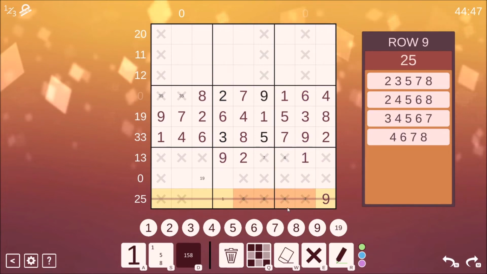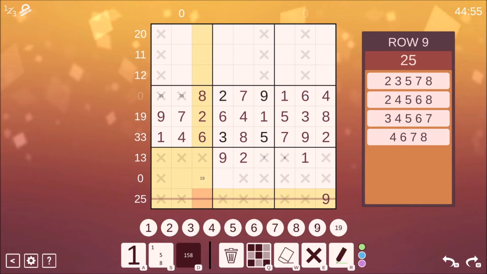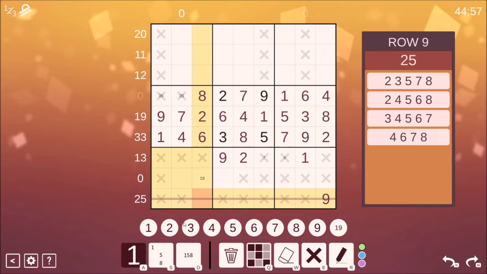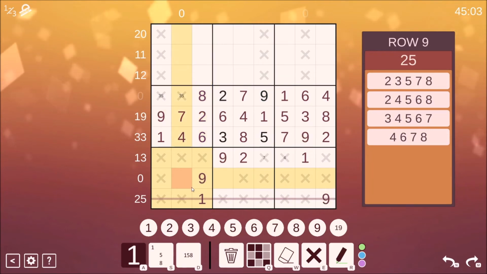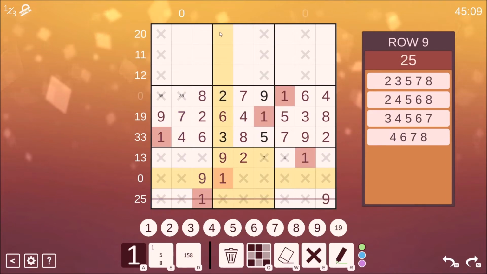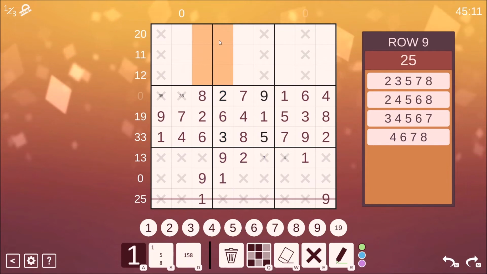So let's go ahead and place an X there and a 1 right here, which gives us our 9 here. And we know we can't have a 1 there anymore. So our 1 must go right here. This helps us out up here. We can block out a 1 and a 9 from all of those places.